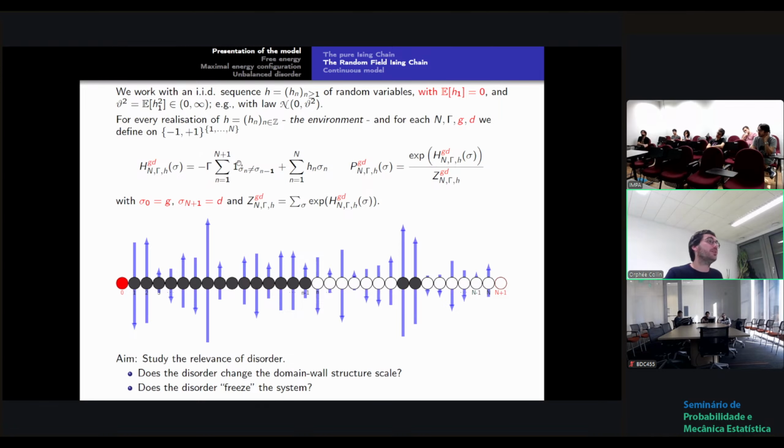So you might expect that only this term is now important, but we're going to see that it's not so clear, that in fact disorder is relevant. So the questions are: does the disorder change the scale of the domain wall structure? And does it in some sense determine the system?